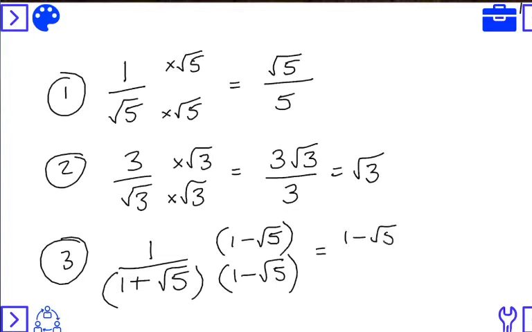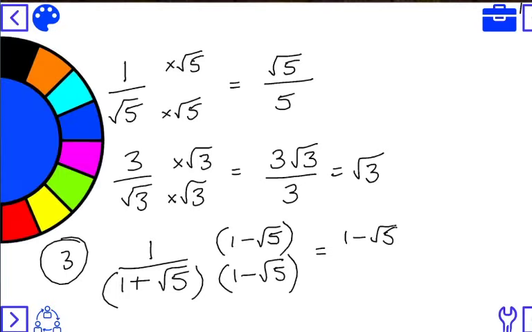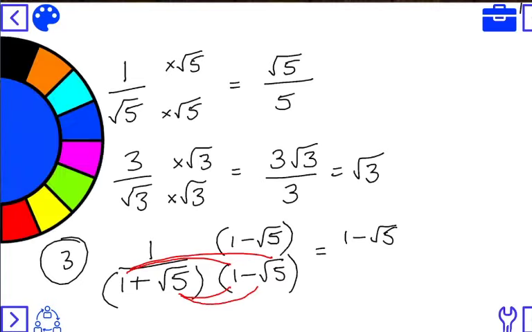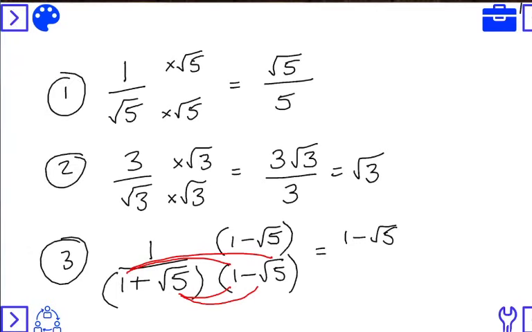But the bottom, I now need to use the claw method in order to be able to expand this out. So I'm going to multiply everything in the second bracket by 1, and times everything in the second bracket by root 5. As a result, I get 1 minus root 5 plus root 5, and root 5 times negative root 5, a positive and a negative would make a negative, so that would give me minus 5.